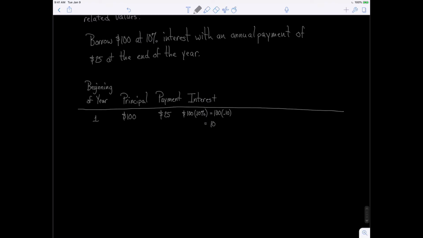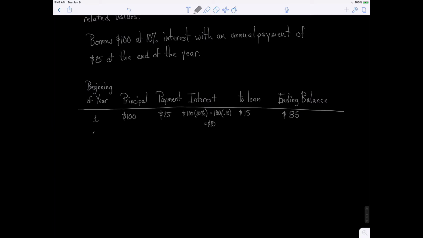So what happens then is we cover the interest of $10, so that means that $15 goes to cover the actual loan. So $15 reduces our $100 balance to $85, and we call that our ending balance. So at the end of year 1, we owe $85.